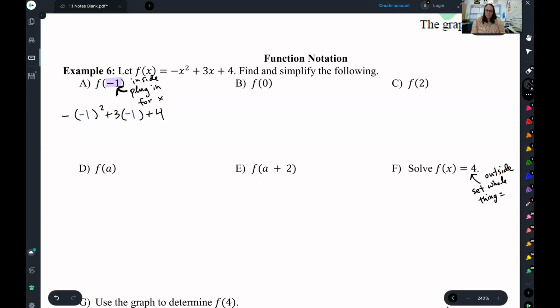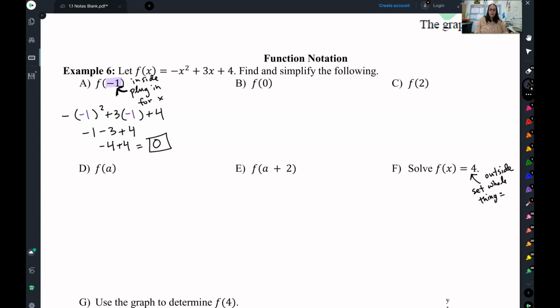Now I can just go about simplifying. Remember order of operations, take care of the exponent first. So negative 1 squared is 1, but then I have that negative outside, that makes it a negative again. 3 times negative 1 minus 3 plus 4, that's negative 4 plus 4. Ta-da! Answer is 0.